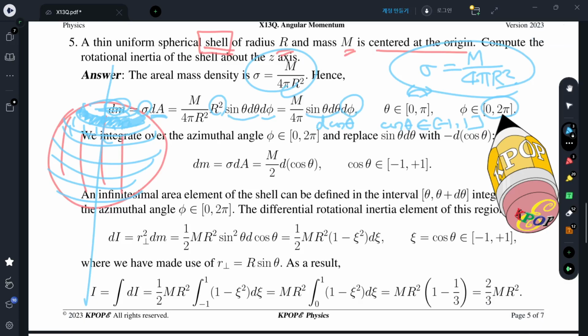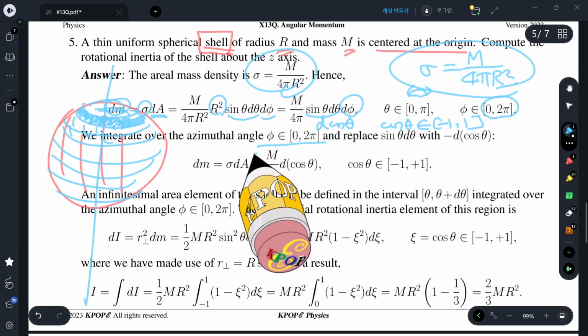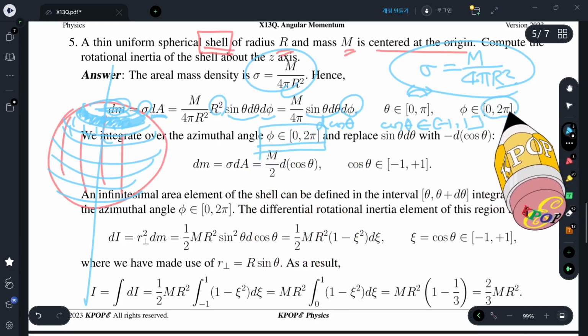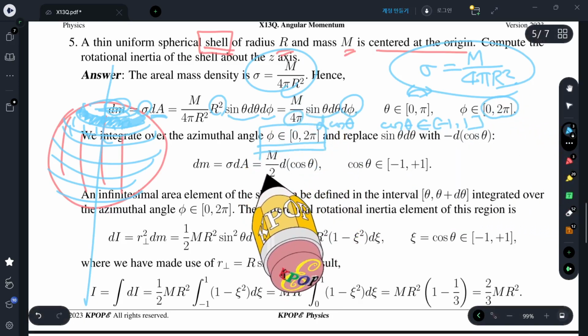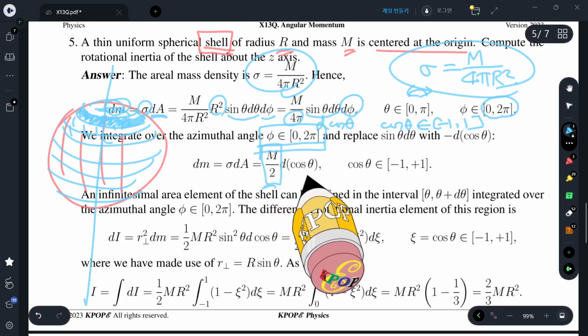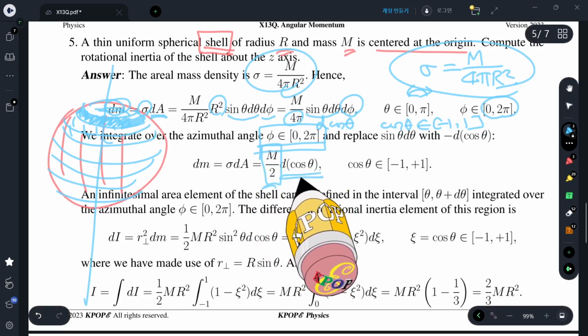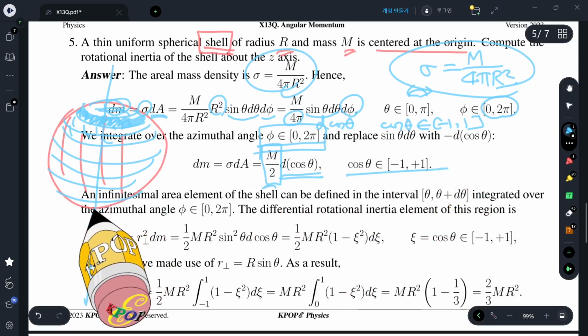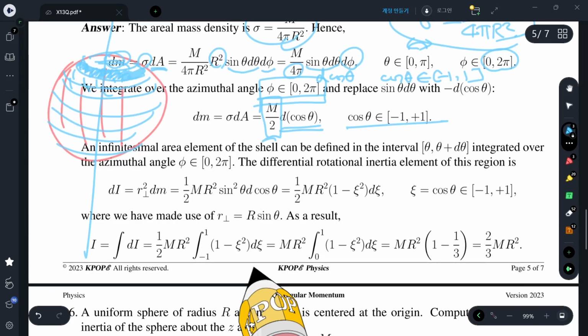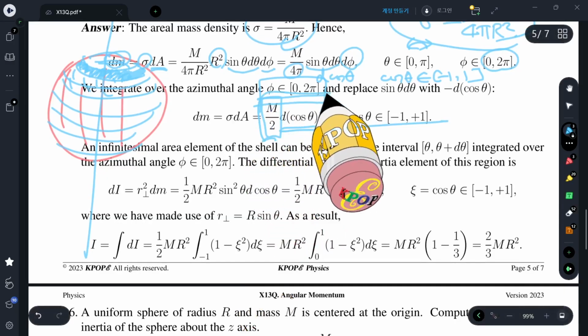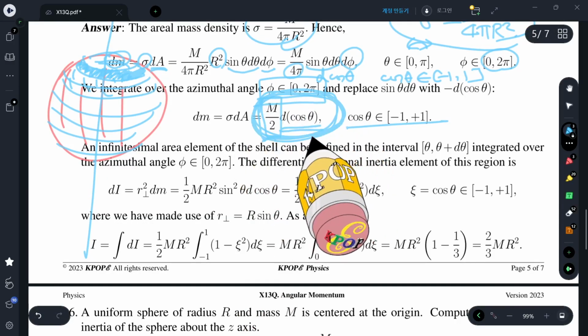If we integrate over the angle of 2 pi, this 2 pi cancels, and we have 1/2 mass, and d cosine theta, where cosine theta runs from -1 to +1. Now this is a mass element.